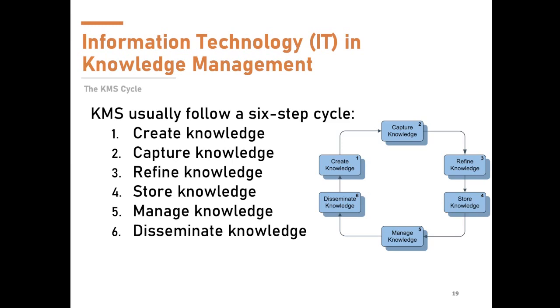Newly generated knowledge must be identified and then represented in a coherent manner. This is what this step is about. Then we move to the third step. I'm saying steps here, but I want you to really think of this as a loop.